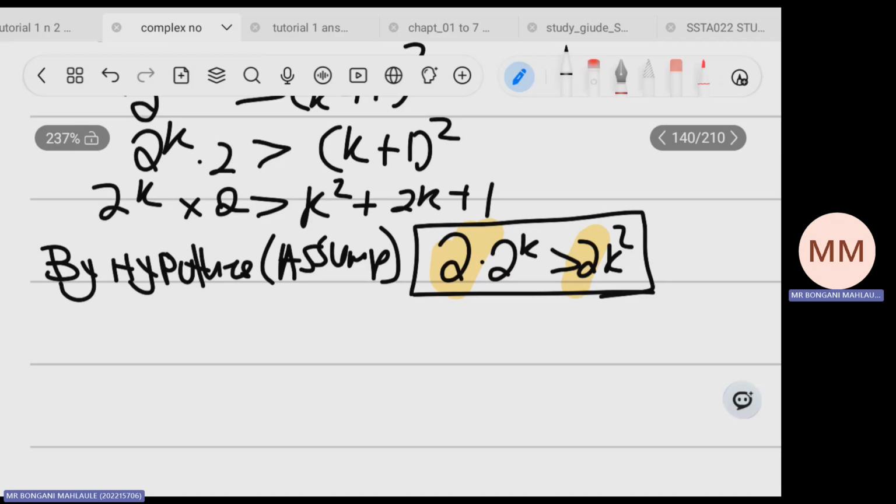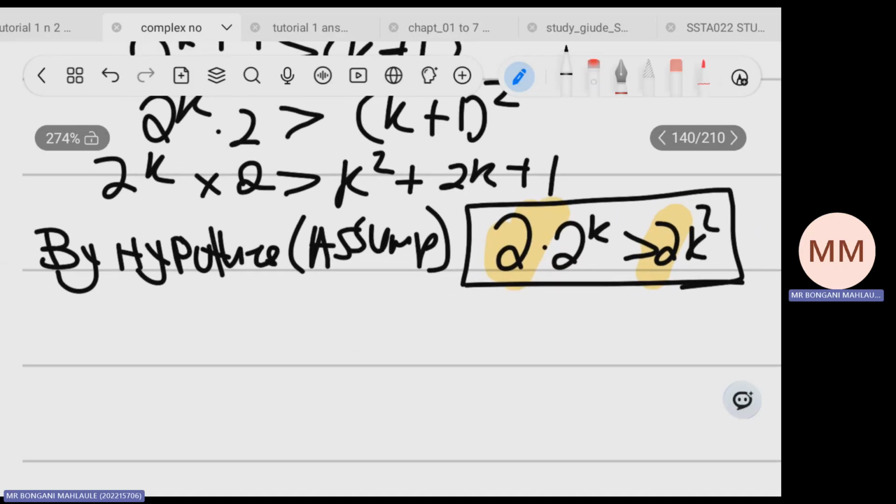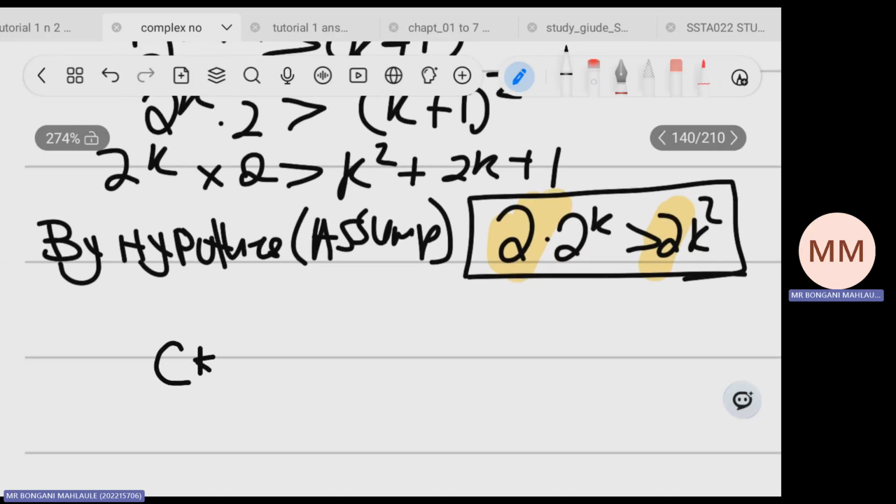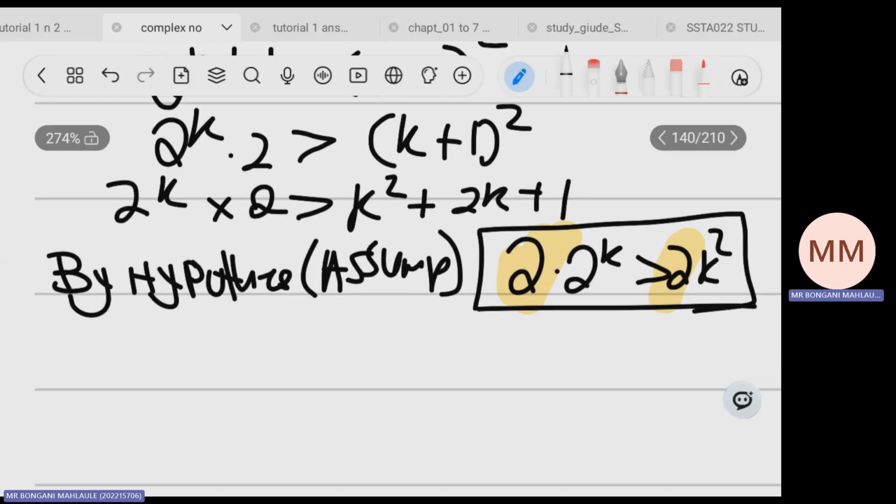So I can have k plus 1. I think I can even write it like this.